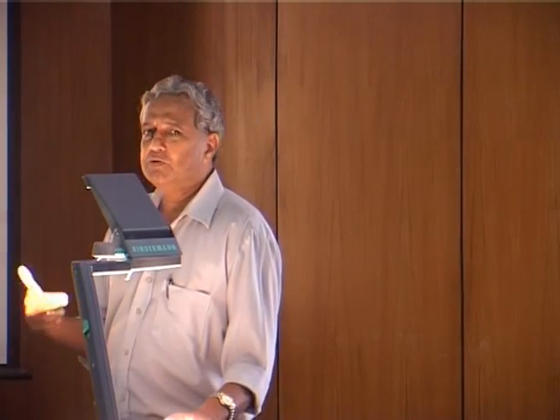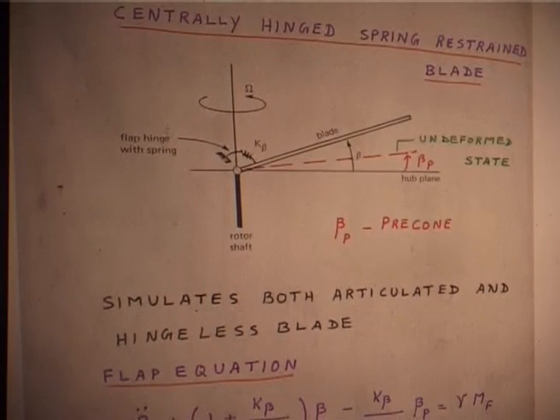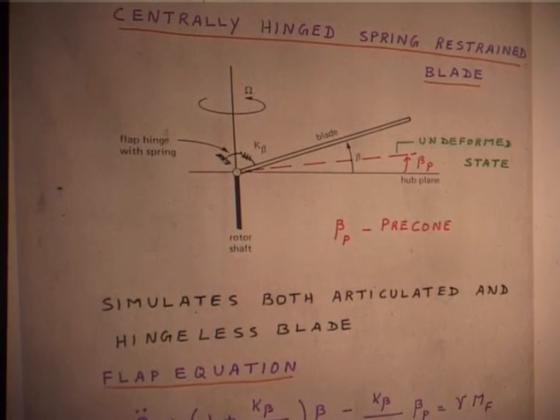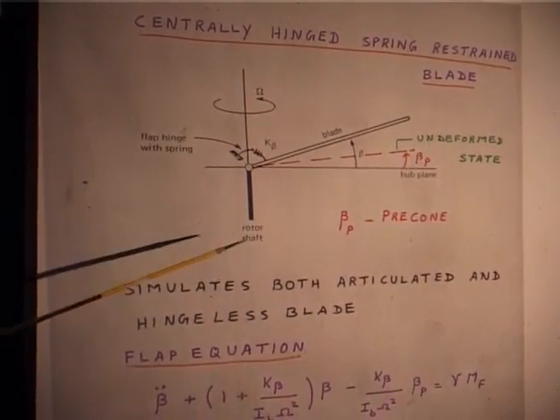So, now we will go for a slightly more improved model. Here what I have done is, I put one more spring, because once we understand this part, there are a lot more things even here.